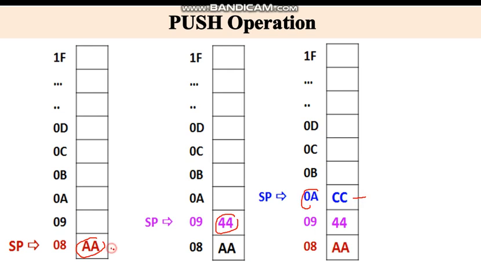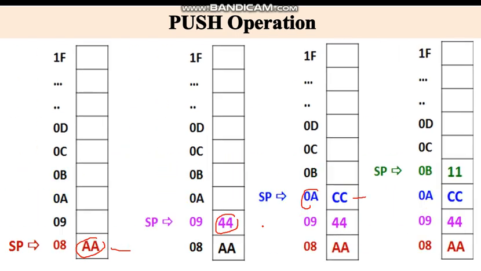So first element at address 08, second at address 09 and third at address 0A. And the fourth element is stored at address 0B by incrementing by 1. So here we have data AA, 44, CC, 11 in stack. Now we have last data stored at address 0B.